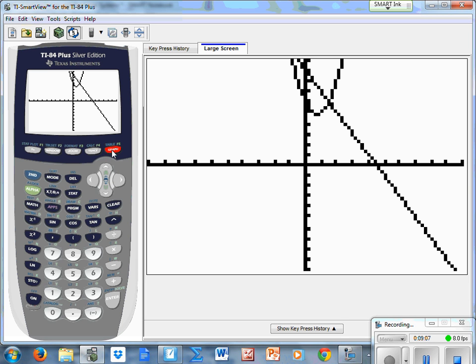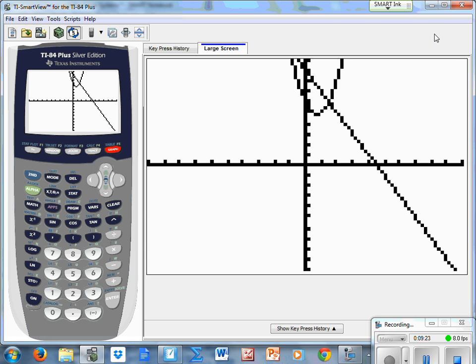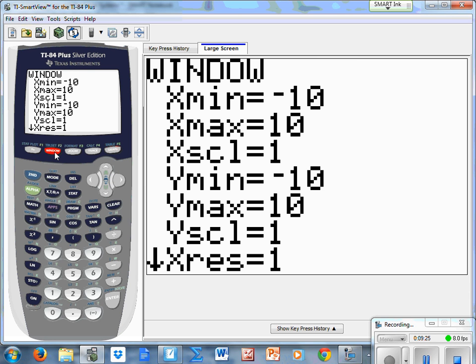Well, I can only see one intersection. It looks like it could be somewhere around this 1/2 here, maybe. But I'm not going to worry about that right now. I want to make sure that I can see all of it.